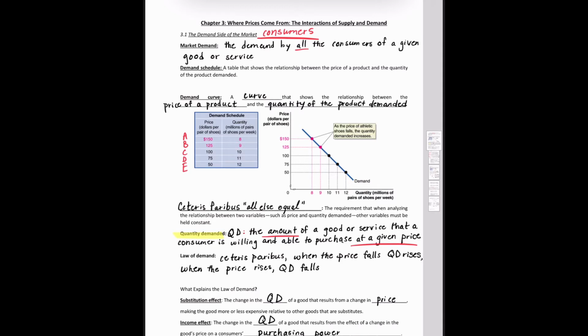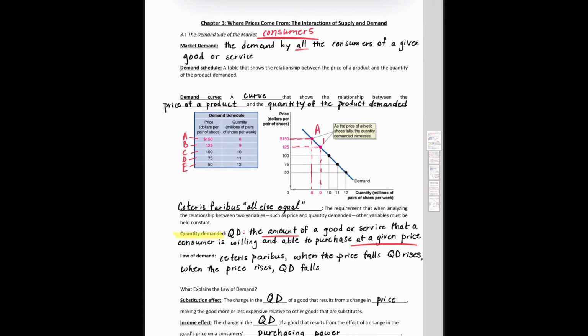But if we have points that correspond to each price, we can graph what our demand curve will look like. So point A at price 150, we have a quantity demanded of 8 million pairs of shoes per week. At price 125, we have a quantity demanded of 9 million. At 100, we have quantity demanded of 10 million, and so on and so forth.